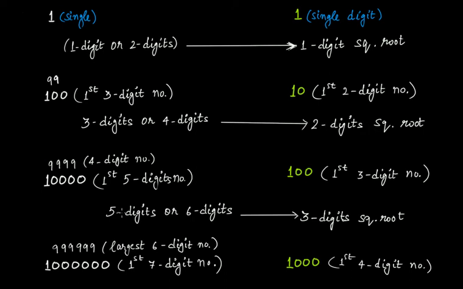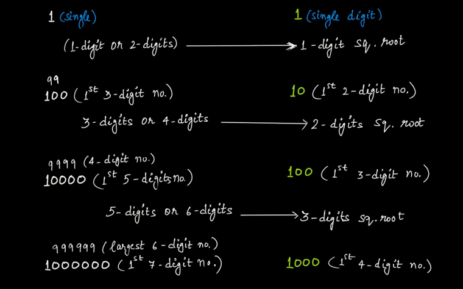If your square number has 5 digits or 6 digits, then its square root will have 3 digits. So 1 or 2, 1 digit; 3 or 4, 2 digits; 5 or 6, 3 digits; 7 or 8 digits, 4 digit square root; then 9 and 10, 5 digits, in that way.